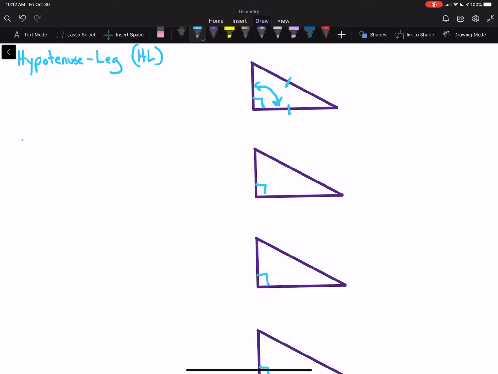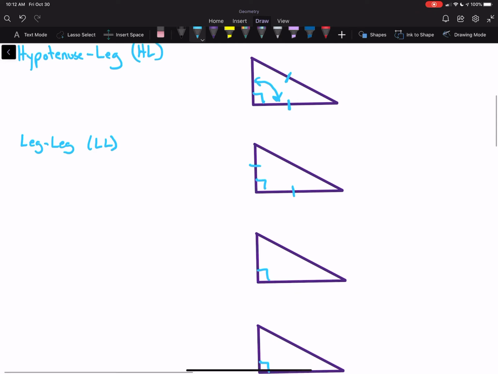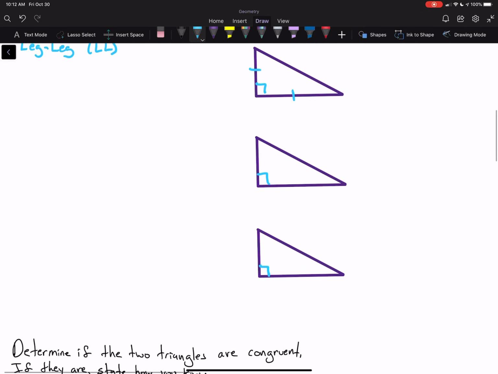All right, so then there's leg leg, or LL. And so that would just be the two legs marked. That one's pretty simple. Then you have hypotenuse angle, which is HA.